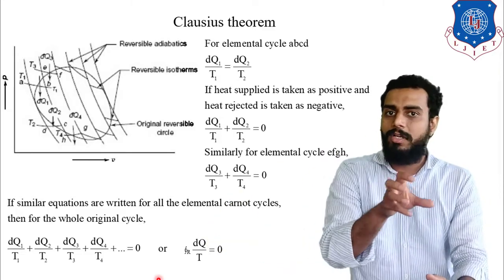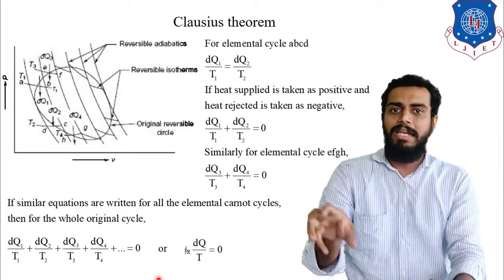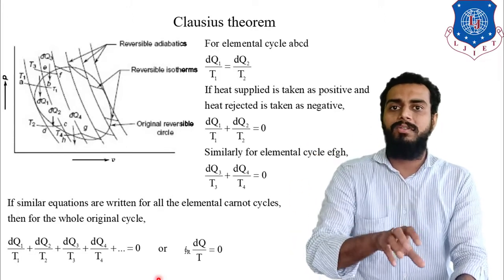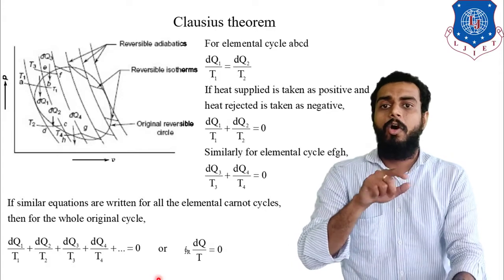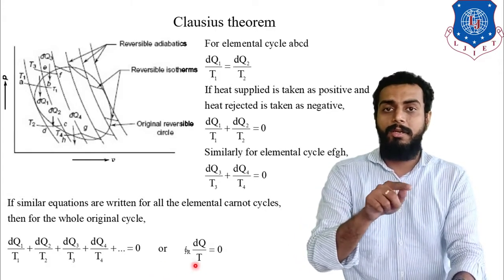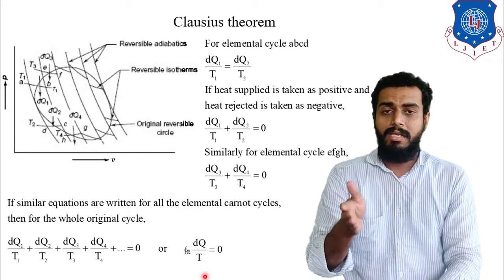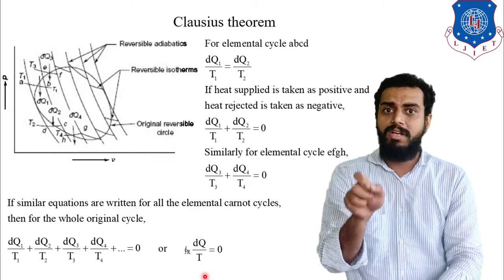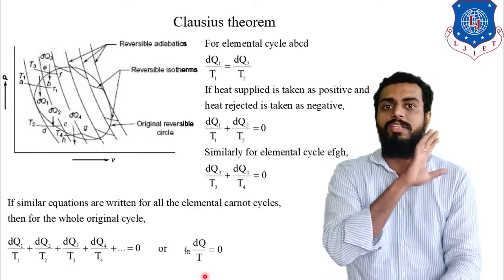So the fundamental thing is, in general, if you want to write this equation, you can write that the cyclic integral of dq by T for a reversible cycle will be equal to 0. I am repeating again, the cyclic integral of dq by T on any reversible cycle will be equivalent to 0.